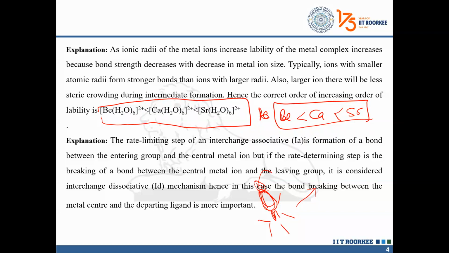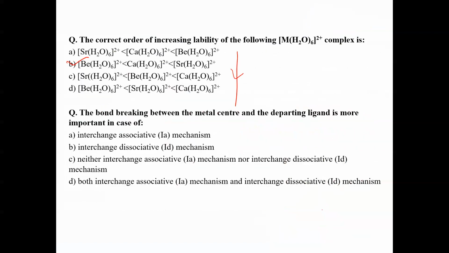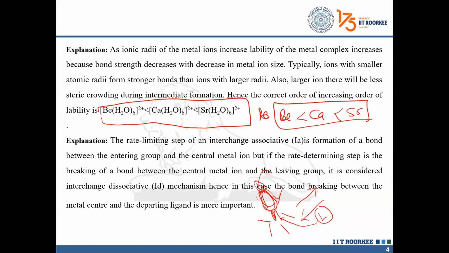But in the case of associative mechanism, there is nothing about this departing ligand; we talk about the incoming ligand that will be forming the bond with the metal. So the metal center and the departing ligand are more important in the case of dissociative mechanism. B will be the right answer. Clear?